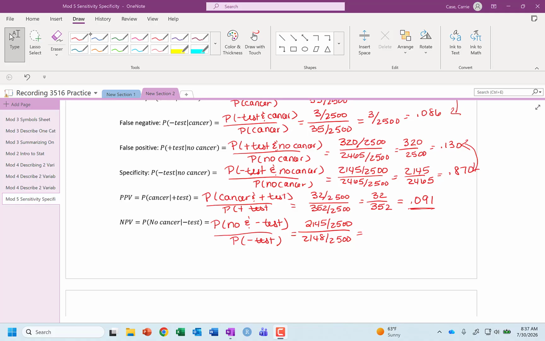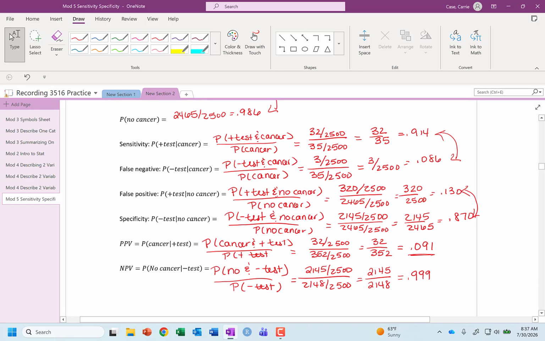And that is 2,145 over 2,148. And when you do that math, you get 0.999. Notice that the positive predictive value and the negative predictive value are not complements of each other.